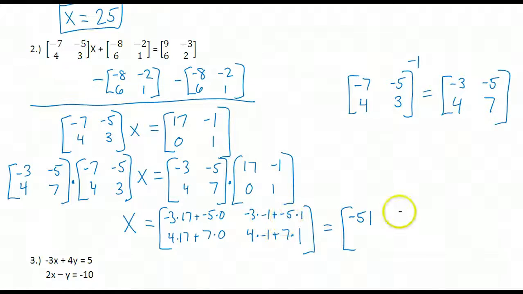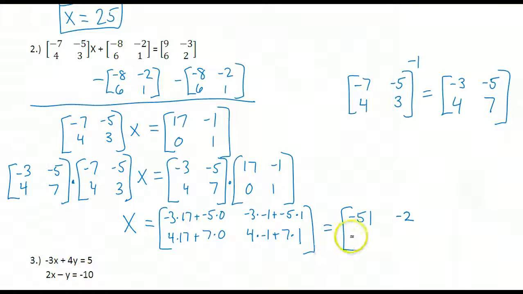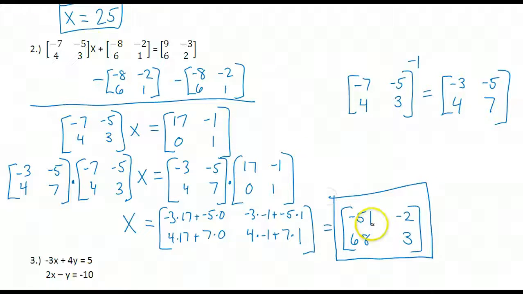Three plus -5 gives me -2. -4 plus 7 gives me 3. I can always check my answer by plugging this matrix into this equation and doing the order of operations and checking to make sure that I get this for an answer.